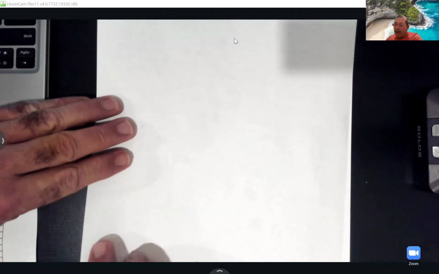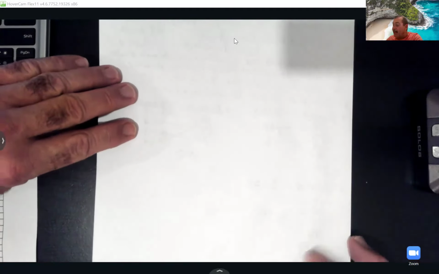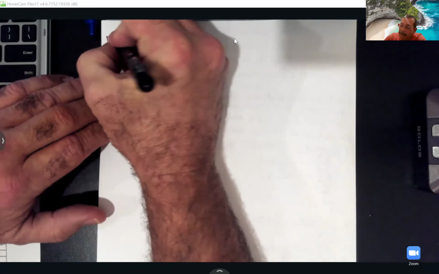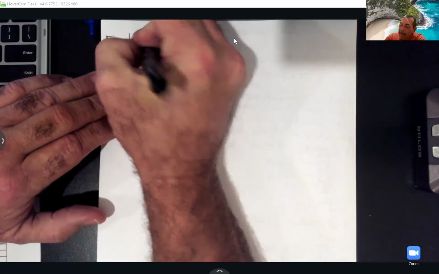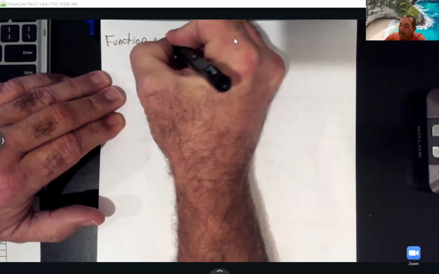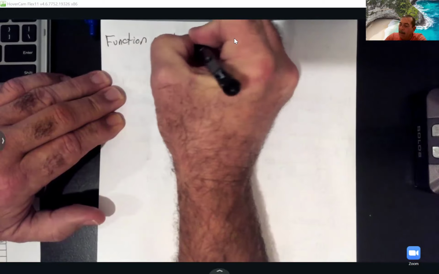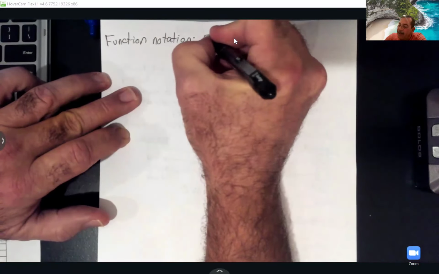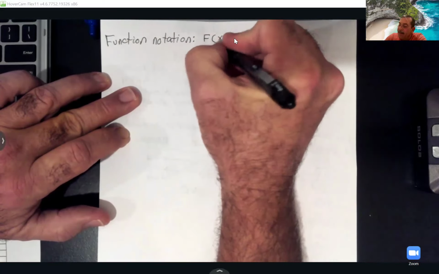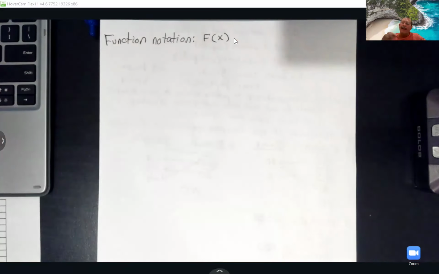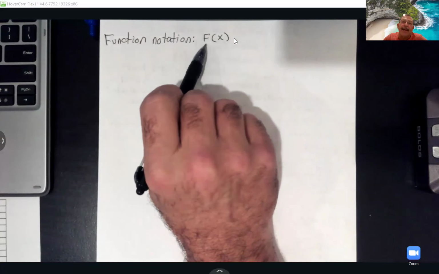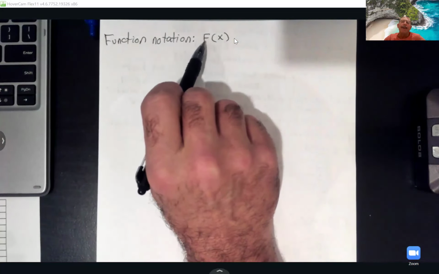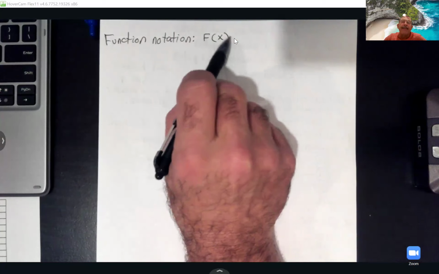So we'll get into what we call function notation. And y'all, function notation is this stuff that you see called f of x. Now, they don't always have to use the f, but this is definitely function notation.